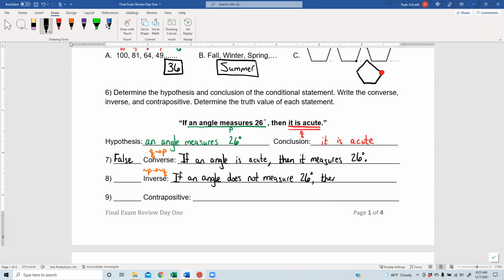Then we have to negate the conclusion: it is not acute. So if it's not 26 degrees, then it is not acute.